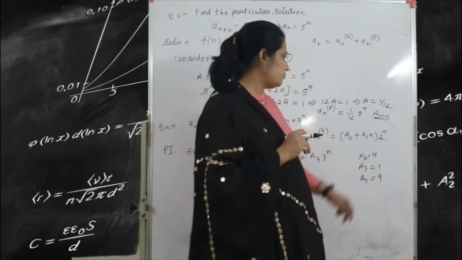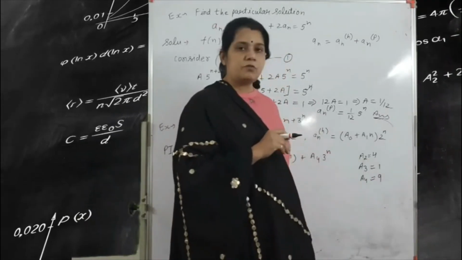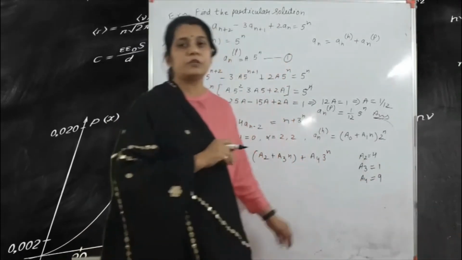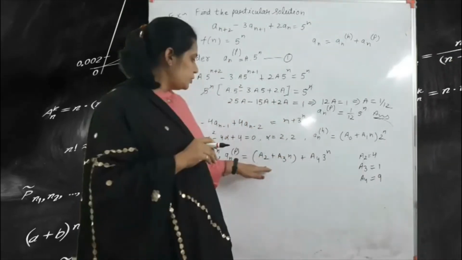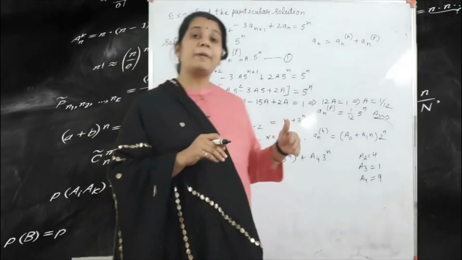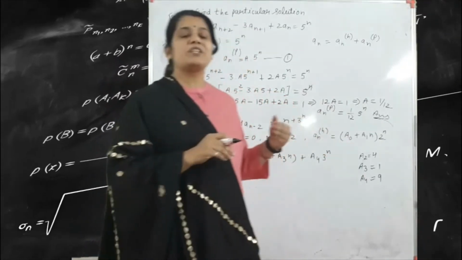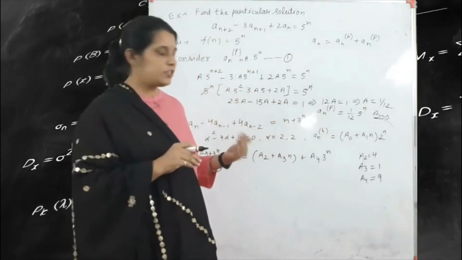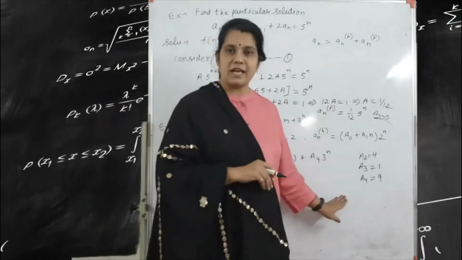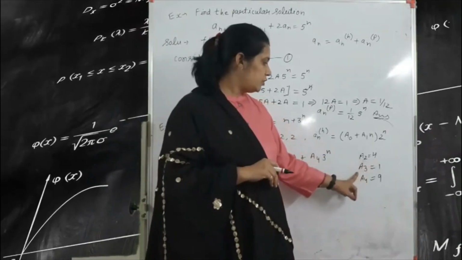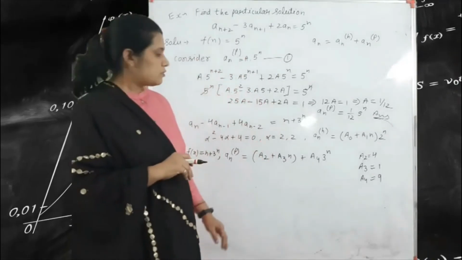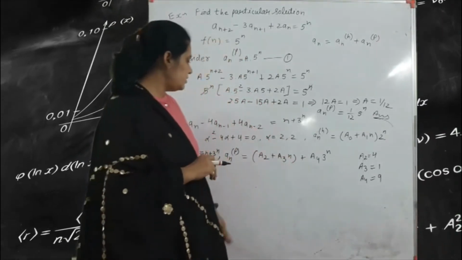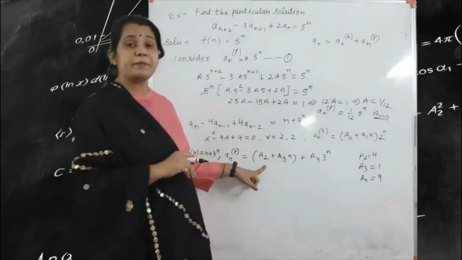We get a2 equal to 4, a3 equal to 1 and a4 equal to 9. So according to the undetermined coefficient method, put all these values and compare the coefficients. With the help of comparing the coefficients, we find out all these three values: a2 equal to 4, a3 equal to 1 and a4 equal to 9. So put all these three values in your a_n^(p) formula.